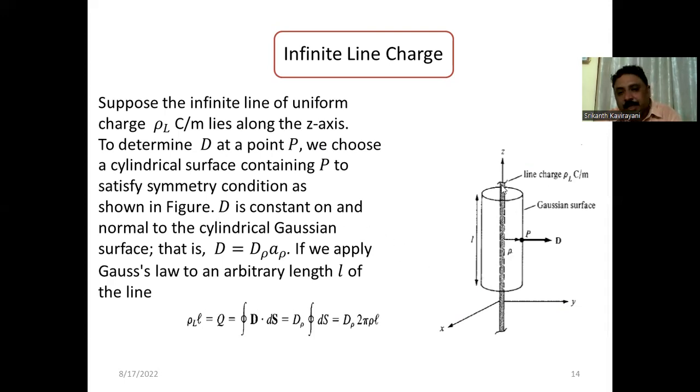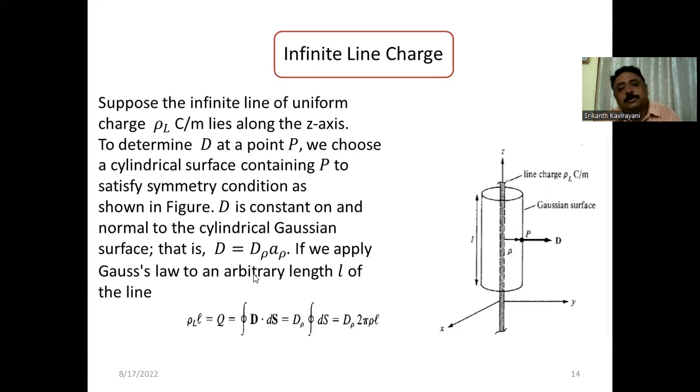Here we have the line charge rho L coulomb per meter along the z-axis, and a Gaussian surface defined which is symmetrical around this line charge, around the z-axis, of length L, and let us say the radius is rho for the cylinder. We are trying to evaluate the electric flux density at a point P, and we can define that D is constant on and normal to the cylindrical Gaussian surface, and D equal to D_rho a_rho.